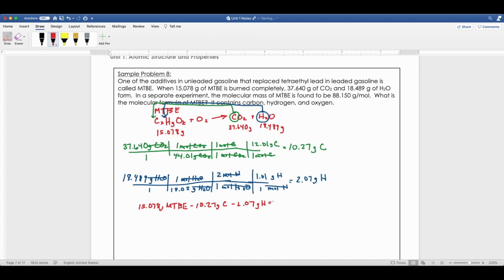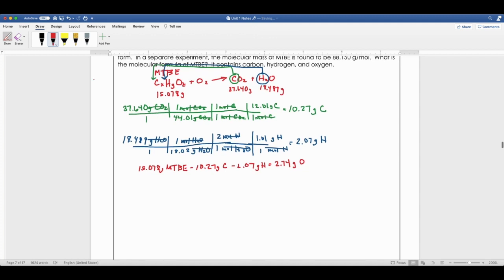Subtract those, you should find that 2.74 grams of MTBE is oxygen. There's all the values you need to find the formula, because I know what mass of each element makes up that unknown hydrocarbon.